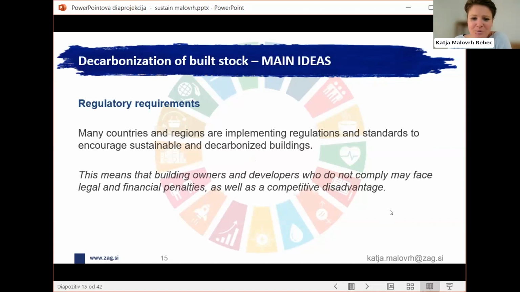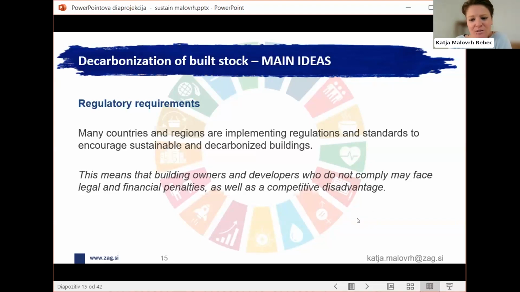And then maybe also to mention, main ideas related to the decarbonization of building stock should also be related to regulatory requirements. So as you know, many countries and regions are implementing regulation and standards to encourage sustainable and decarbonized buildings, but those should be, let's say, a team effort.